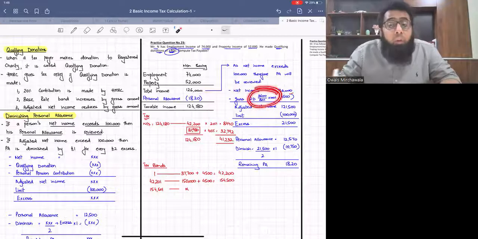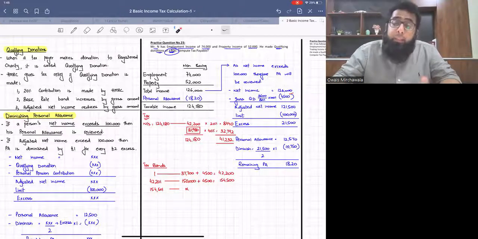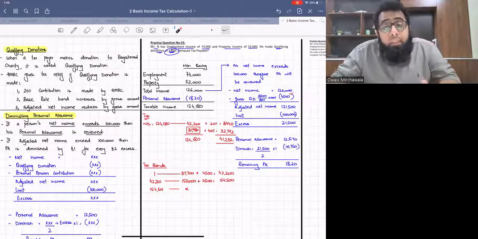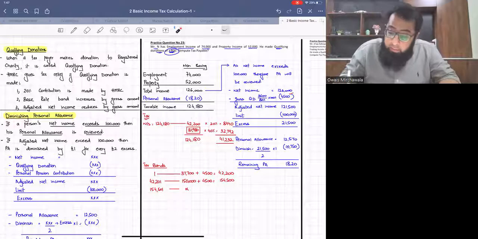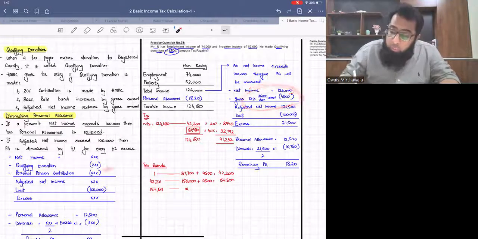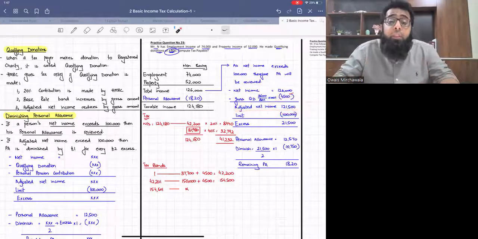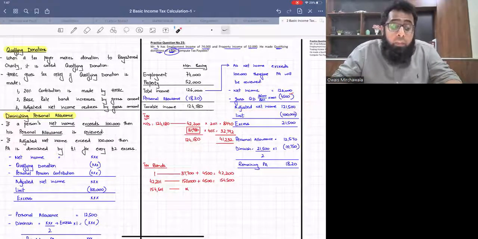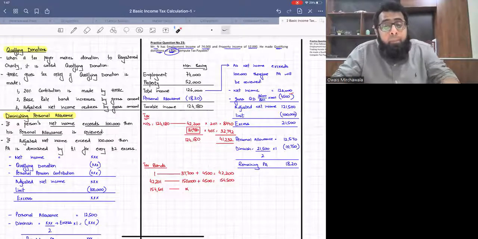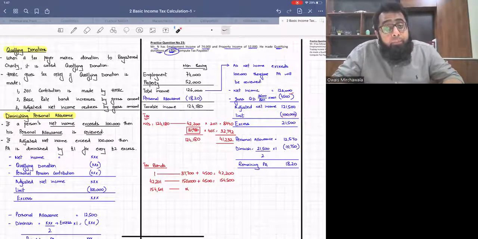You will gross up the qualifying donation because whatever you contribute is 80%, the remaining 20% is given by the tax department. There was no personal pension contribution. So we arrived at the value of adjusted net income. We will discuss personal pension contribution in a later part of this chapter. We will compare it with the limit to get the value of the excess.